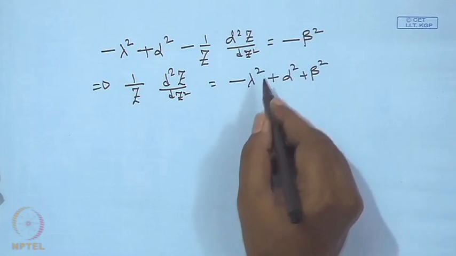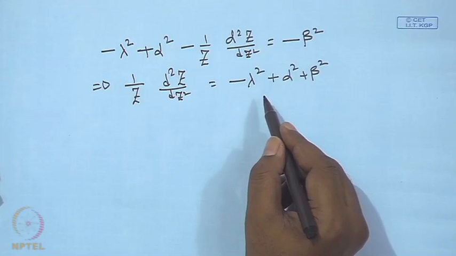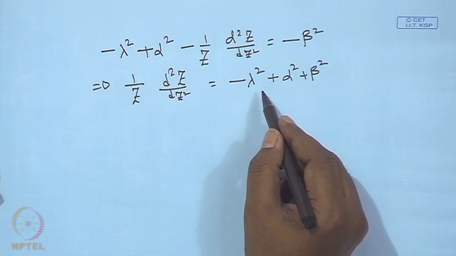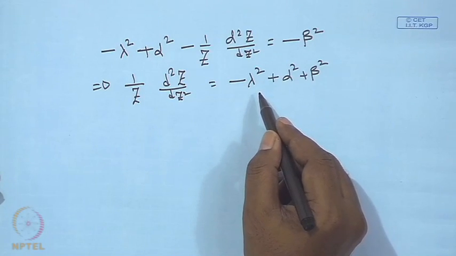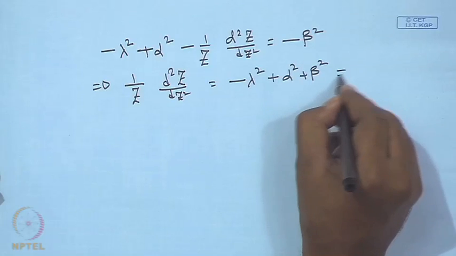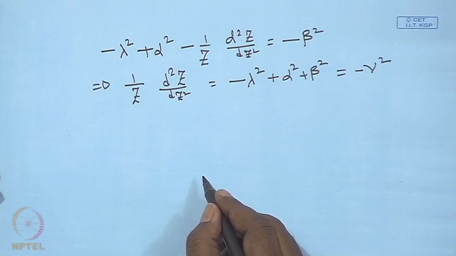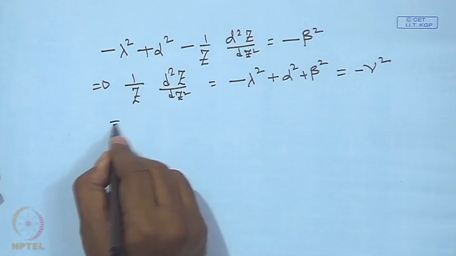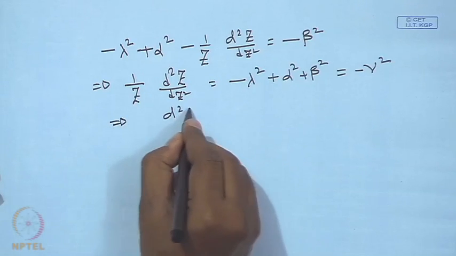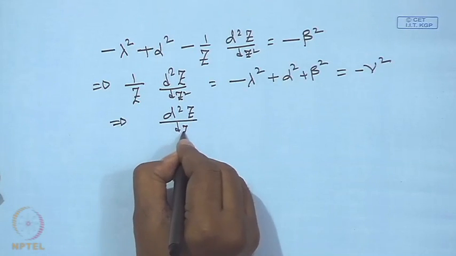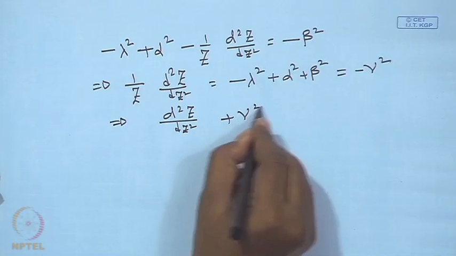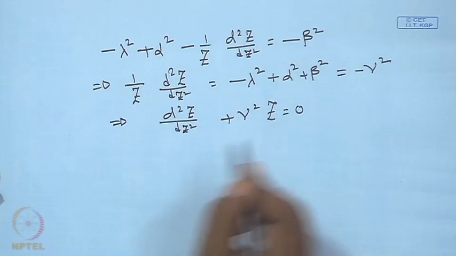Again this is a combination of constants. If this constant is 0 or positive, we are going to get a trivial solution. So, this constant has to be a negative constant, let us say it is nu square. So, d square z dz square plus nu square z must be equal to 0.